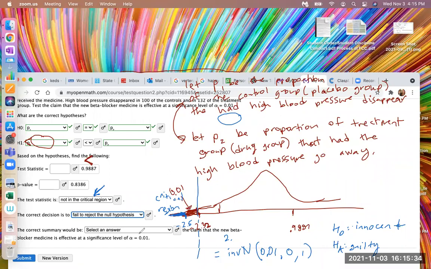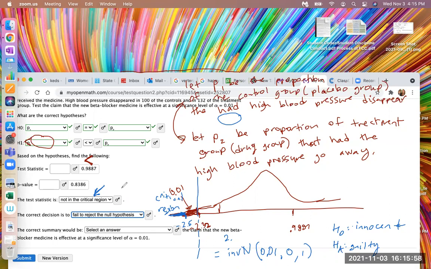So you always state your final statements as: I have evidence to support the alternative hypothesis, or I do not have evidence to support the alternative hypothesis. And the decision here is always to reject the null hypothesis or to fail to reject the null hypothesis. That's the first decision we have to make before we get to the final conclusion.